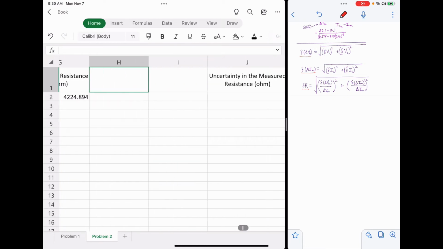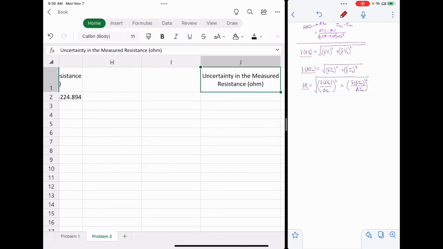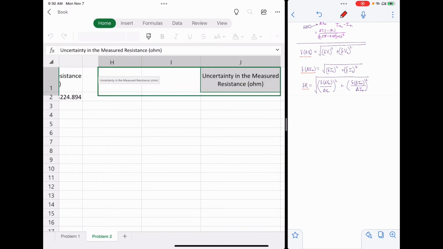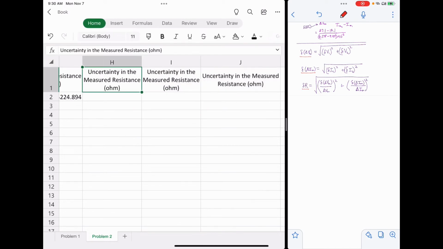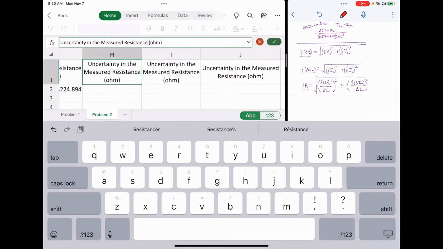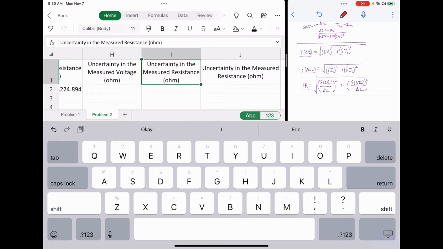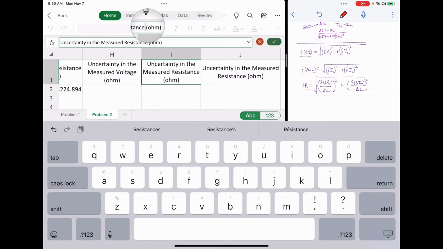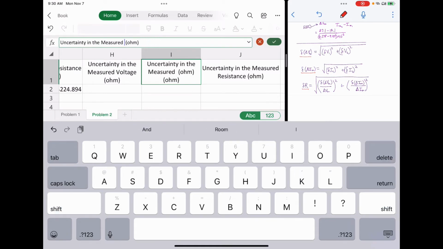And so I am going to have the uncertainty in the measured voltage. And then I am going to have my uncertainty in my measured current.